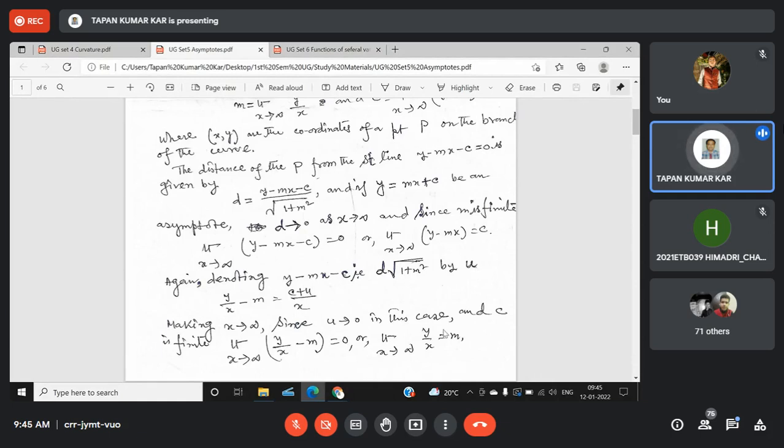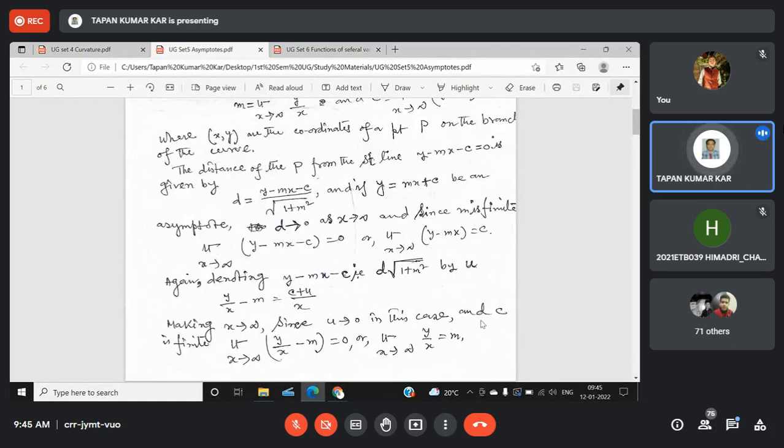Then dividing by x, it is y by x minus m equal to c plus u by x. Now taking x tends to infinity, since u tends to 0. U means d into root over of this, d tends to 0, so u tends to 0.